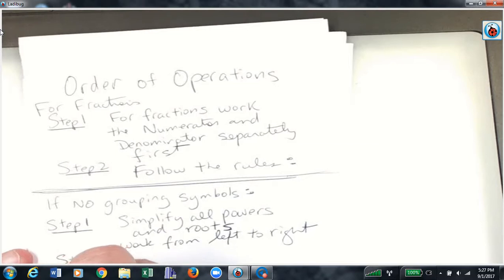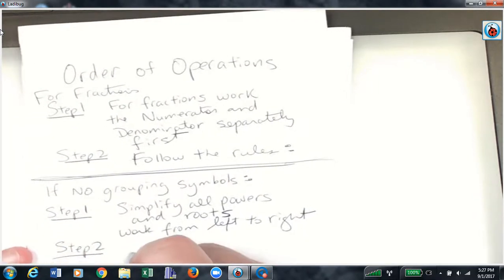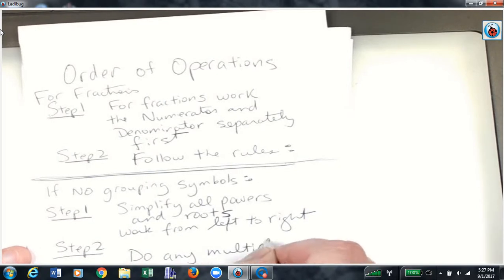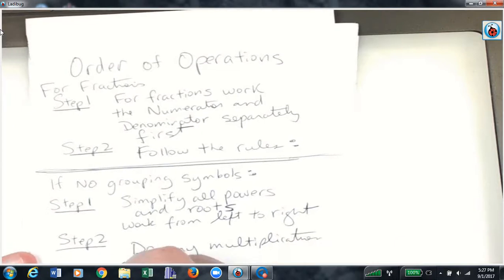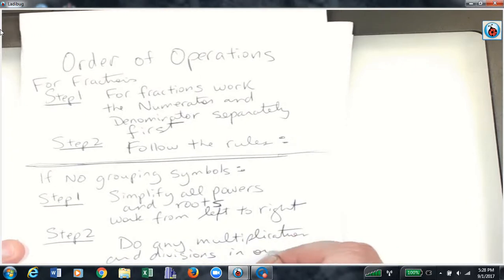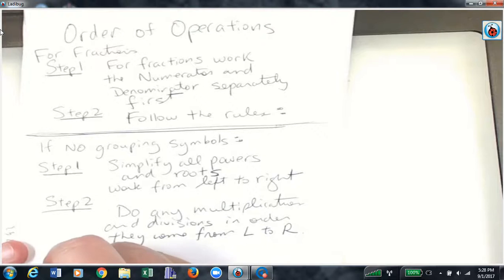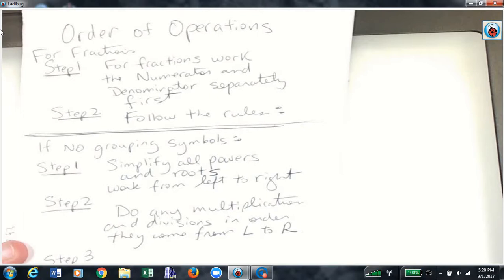Then what takes precedence is multiplication and division, and in the order they come, from left to right. Okay. And then step three is to do any negations.